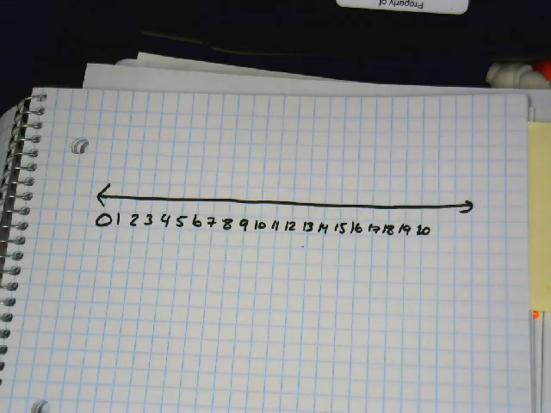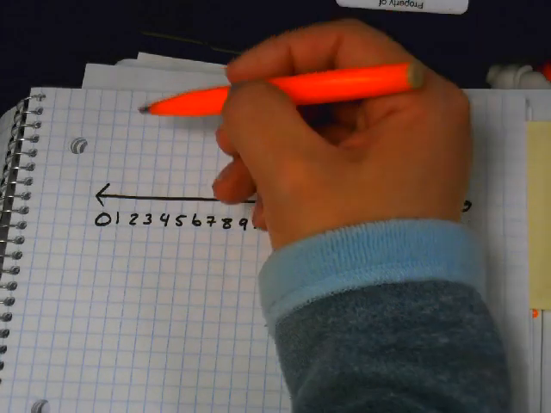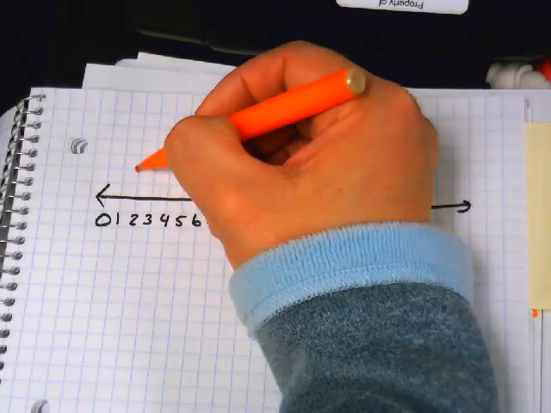All right. You are going to graph the minimum, the maximum, the median, the upper quartile, and lower quartile using dots. So, what is our minimum? What do we write down as our minimum? 2. So we're going to put a dot floating in our number line.